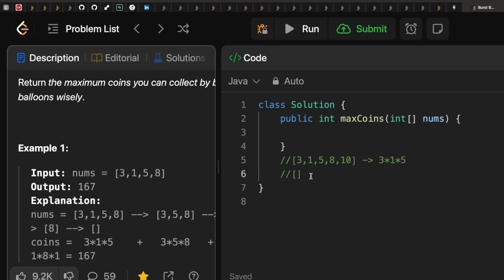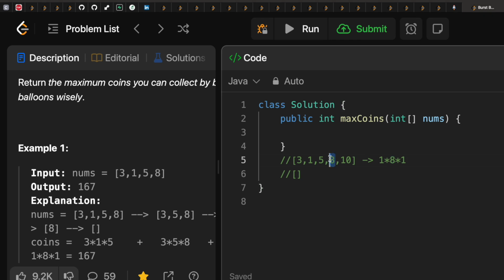So what I'm saying is, suppose we are bursting balloon 8 at the last, so 1 into 8 into 1 will be the value we have.